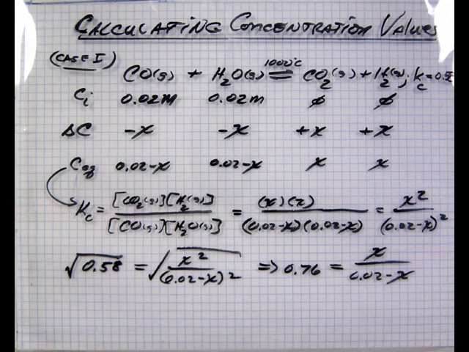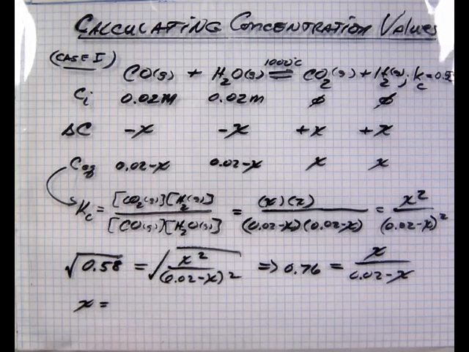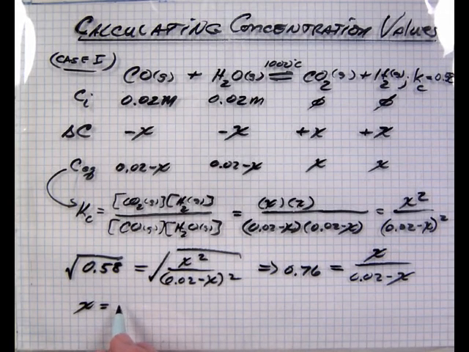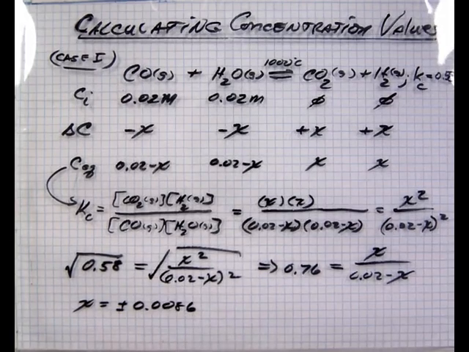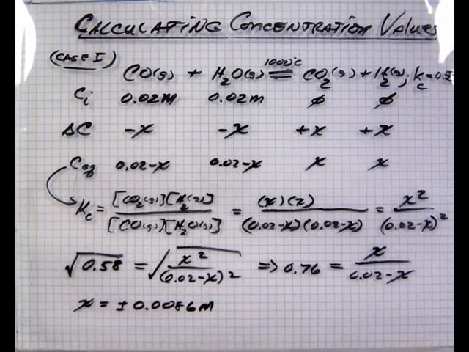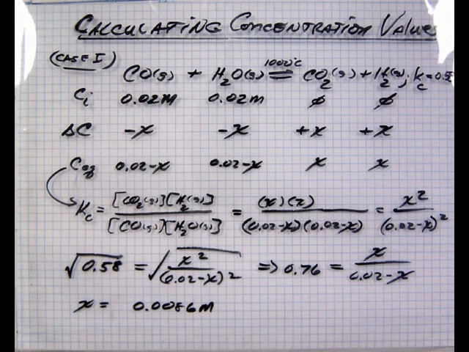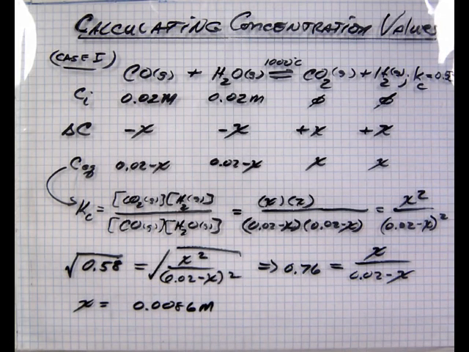And to save us a lot of grief, this comes out x equals 0.0086 molar. That's what it'll come out to be. Now notice I put a plus minus in there. That checks. So that's the concentration, because it's pretty easy to solve throughout the equation.